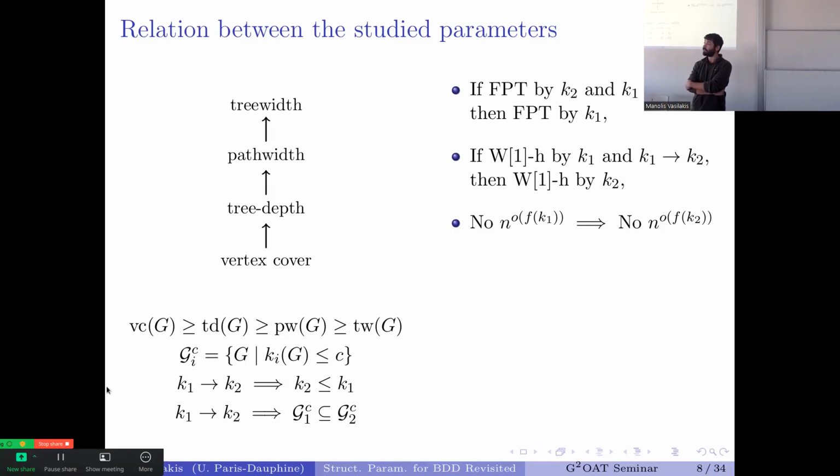Because we have this inequality for every graph G. So if I give you an algorithm for the bigger of those two sets, then it will obviously work for the smaller as well. And if I give you a lower bound for the smaller of those two sets, then it will also work for the bigger of the two sets as well, right?